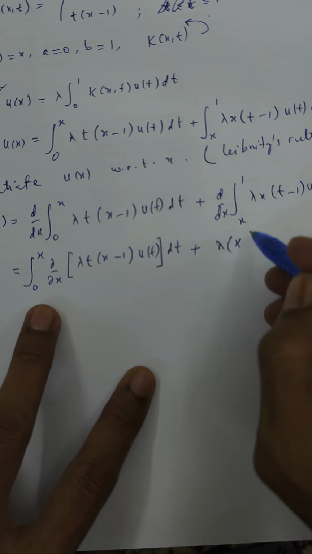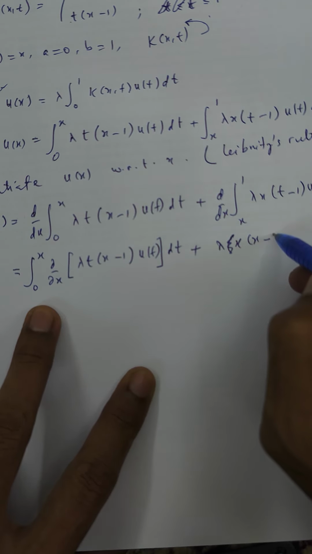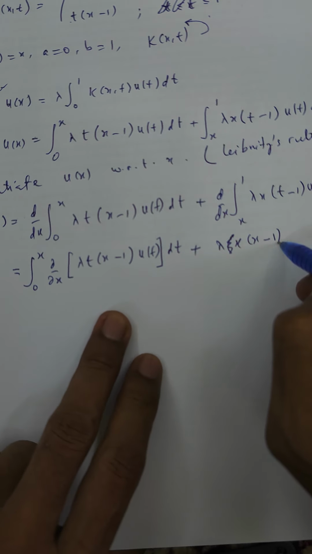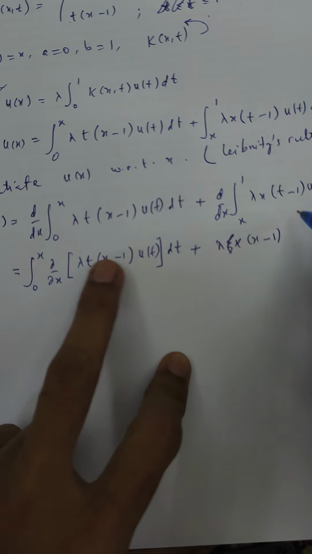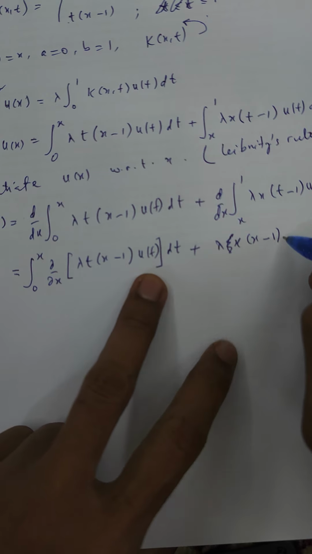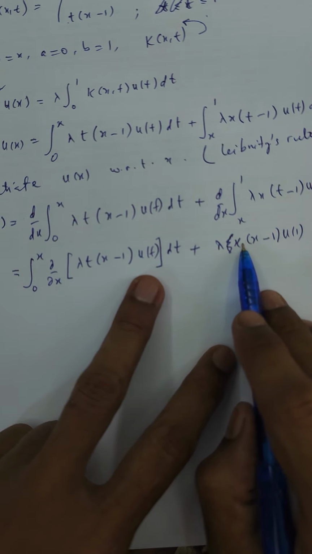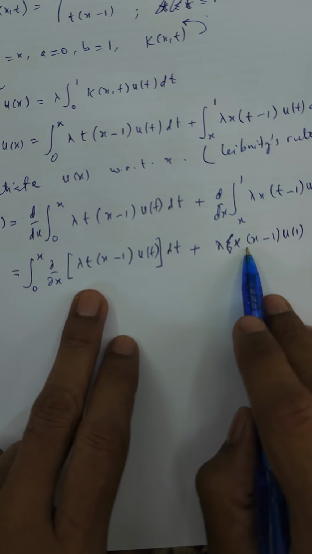Okay, so lambda x minus 1 u1, lambda x minus 1 u1. Here we have t equal to 1, right?